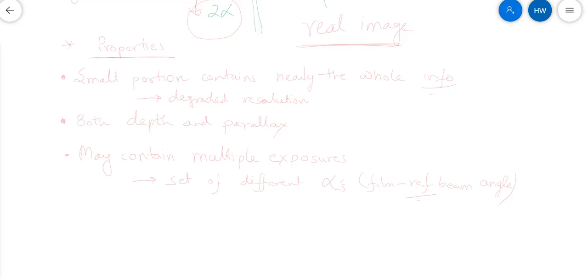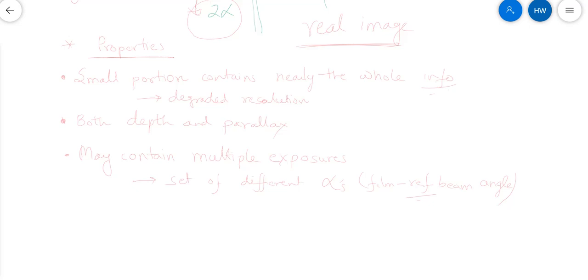Of course, the image you would see from a small piece has a degraded resolution arising purely out of the fact that the aperture has been reduced, right? So that is one aspect. The other important thing is that the image has both depth and parallax. That is something very important to keep in mind. That was the original purpose of having this hologram.